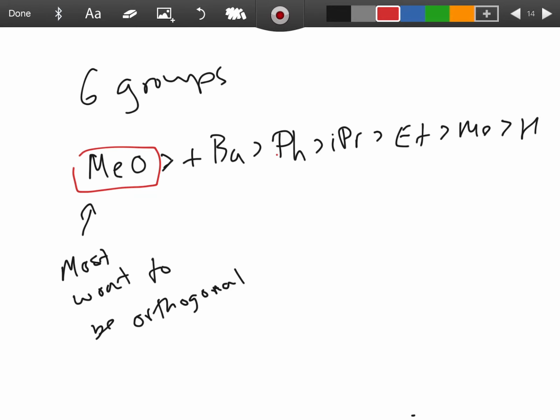and then it's decreasing size. Tert-butyl, phenyl's kind of weird. Phenyl's part electronic, part size. And then isopropyl, ethyl, methyl, hydrogen. After phenyl, it's clearly just that as they get smaller, they less want to be perpendicular to the carbonyl group.